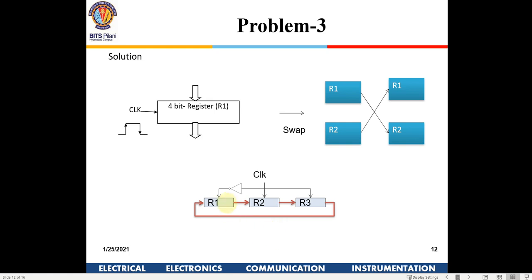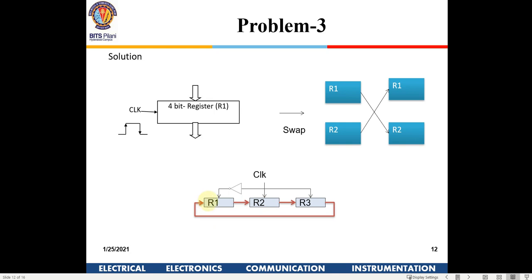We need to swap the data between R1 and R2. If we just use R1 and R2 with the same clock, there could be a race around. When the positive edge of the clock goes high, whatever data is available in R1 will come to R2, and whatever is available in R2 will come to R1.